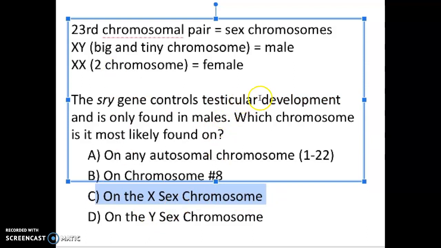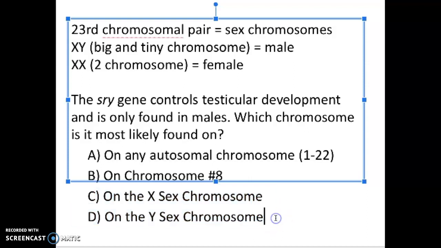And because testicular development has to do with the sex of an individual, it cannot be chromosome 8. And it cannot be one of the first 22 chromosomes. It has to be one of the sex chromosomes. And that is why C and D are going to be the candidates.